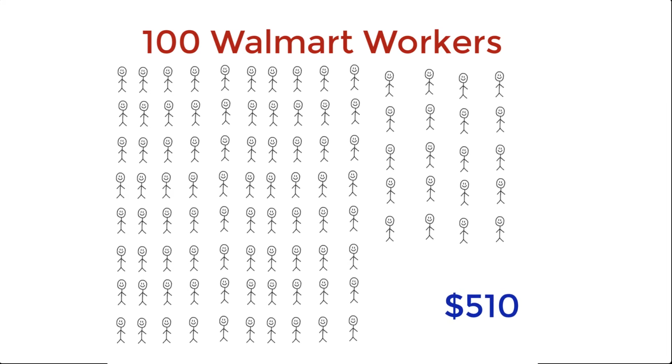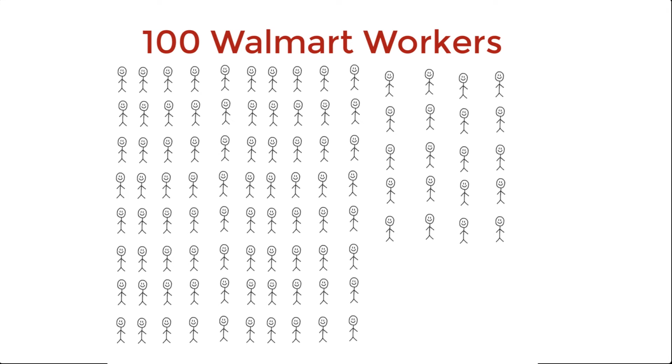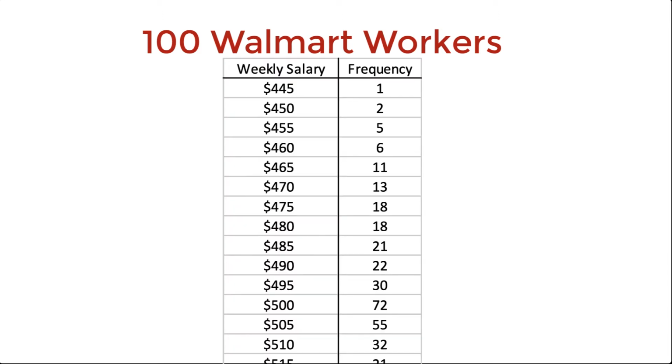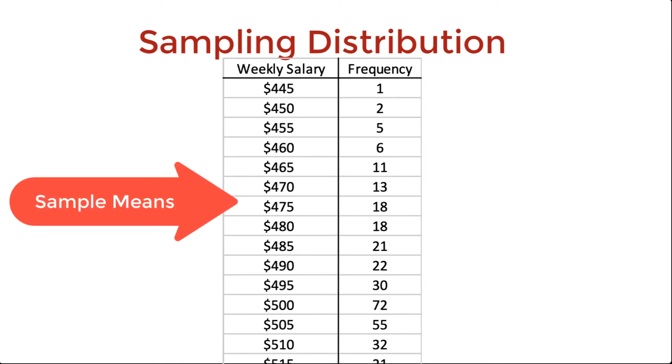Then you go and take another sample of 100 workers and find their mean salary. You continue to do that over and over again, taking these samples of 100 workers and finding their weekly income. That would create a frequency distribution of weekly incomes. This is called a sampling distribution. It's a frequency distribution of all these means of samples.